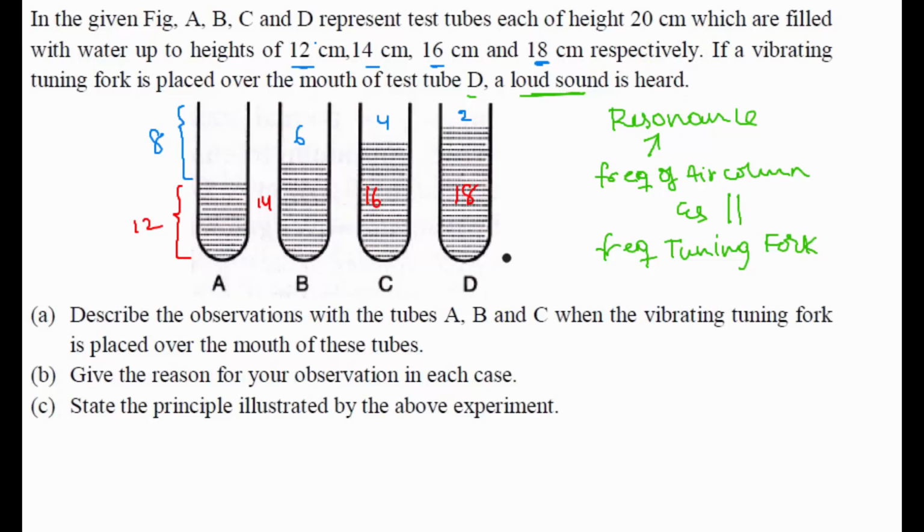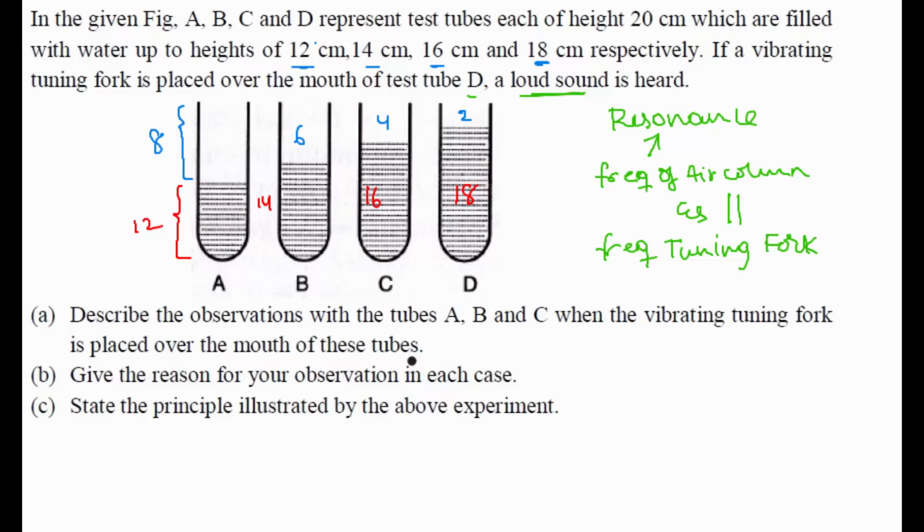Now what is he asking us to find out? Describe the observations with the tubes A, B, C when the vibrating tuning fork is placed over the mouth of these tubes. Now let's try to understand one very important point before answering these questions.